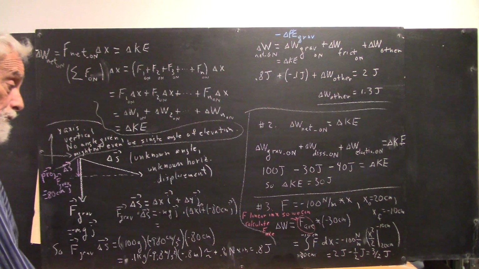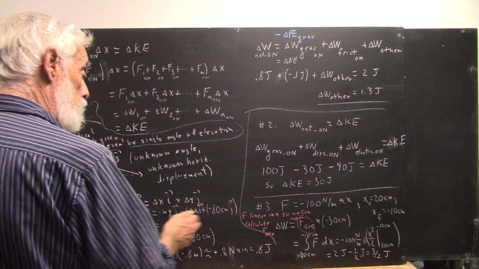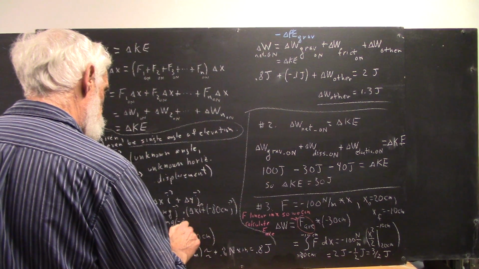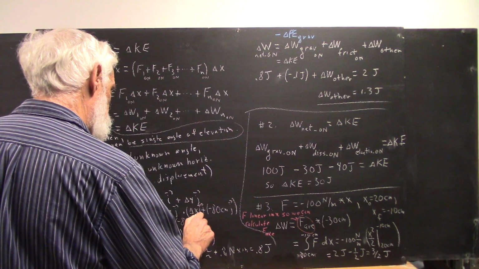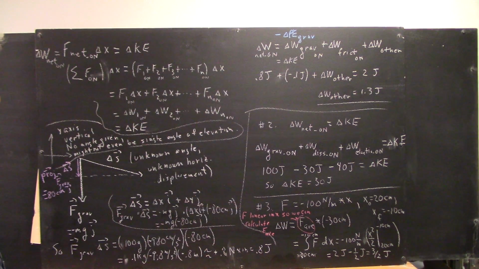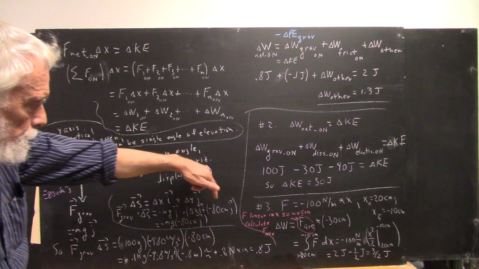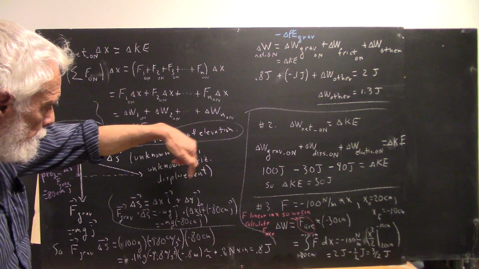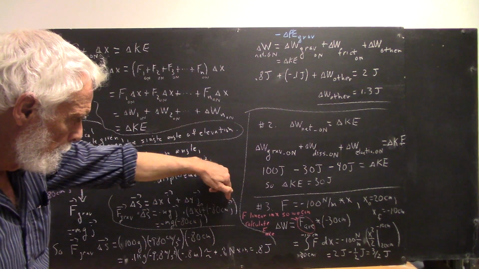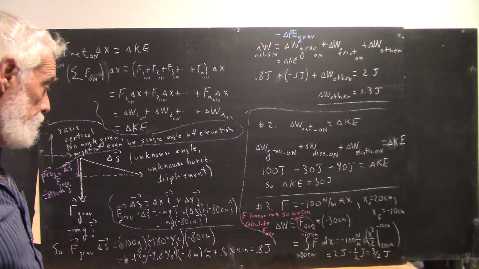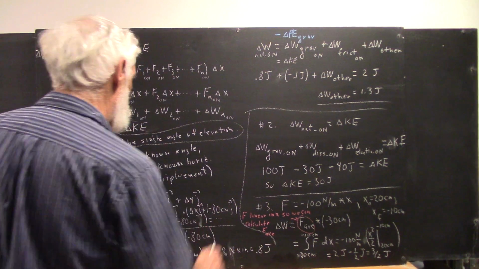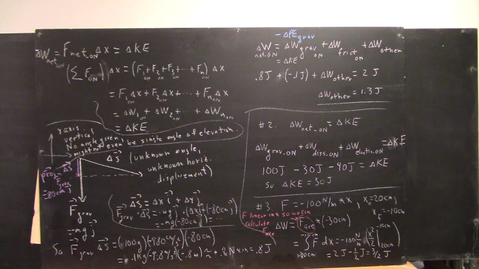J dot i is 0, so there's no j in that term, and the delta x goes away.